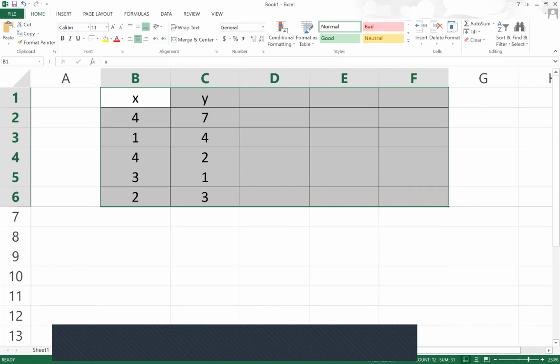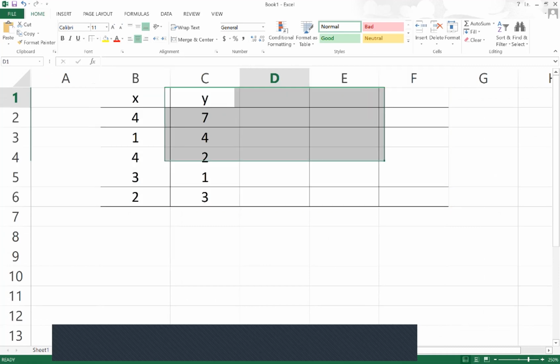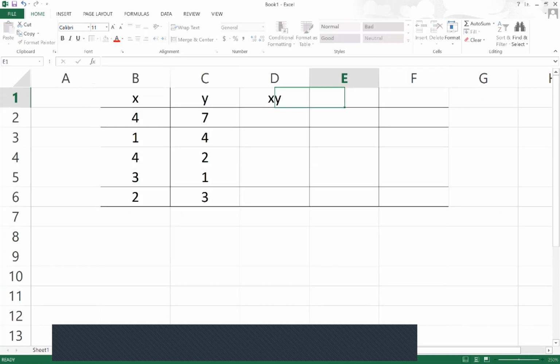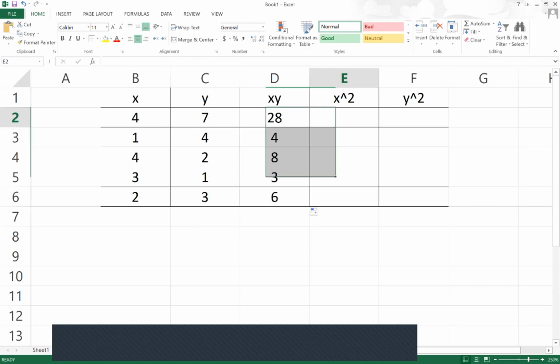How about this? Okay. Now we need three things, right? X times y, x squared, y squared. So x times y, it will be this times the x squared, square the x. And get all the square numbers.